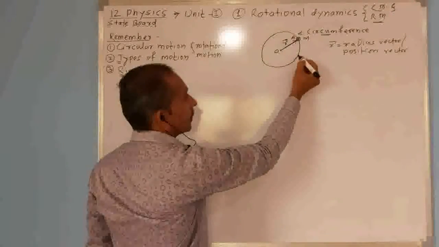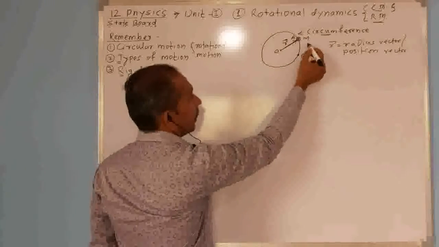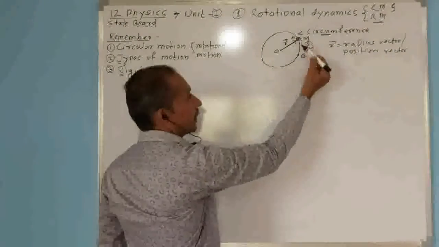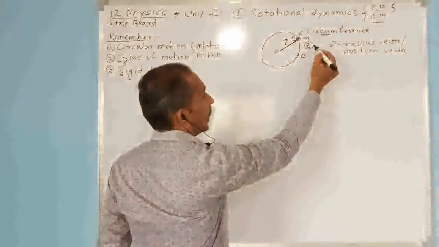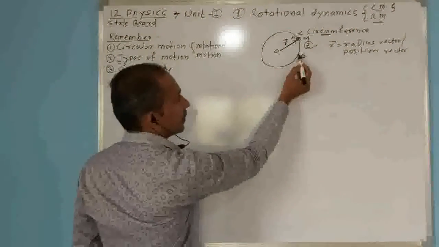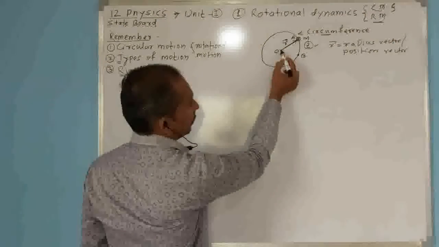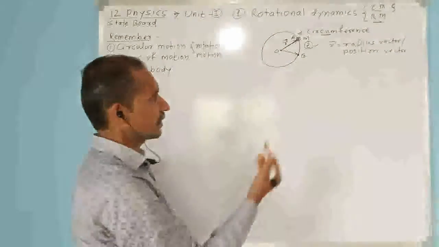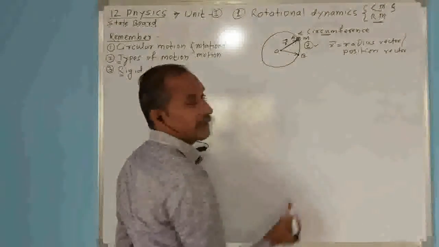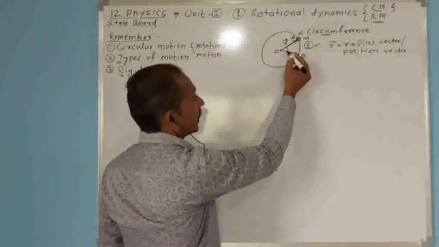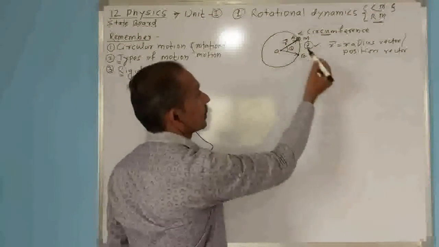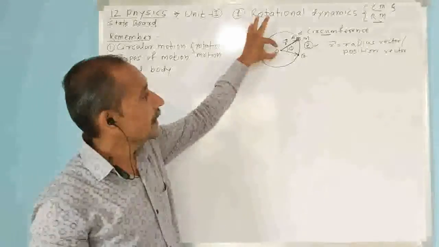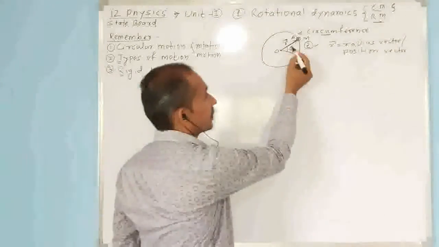Now, the body is present at this position A. It moves ahead to position B after some time T. After some time T, it moves from A to B and it requires time T. So this is the final position. With respect to the final position, there is another radius vector. So during this time T, the particle or body covers some angle at the center.